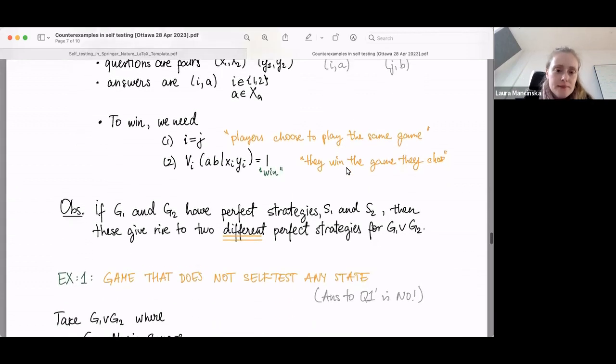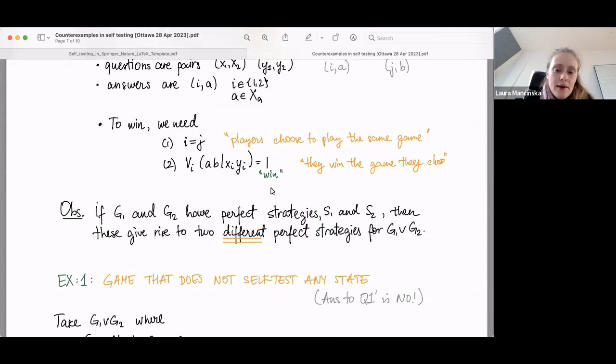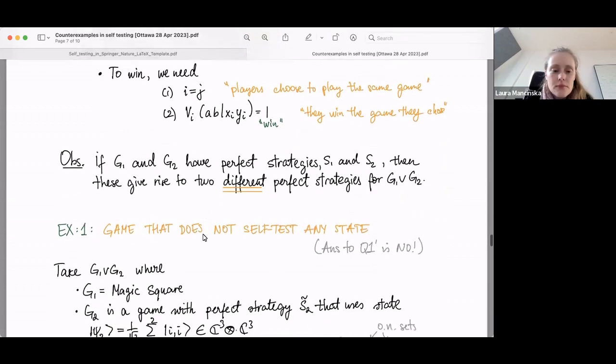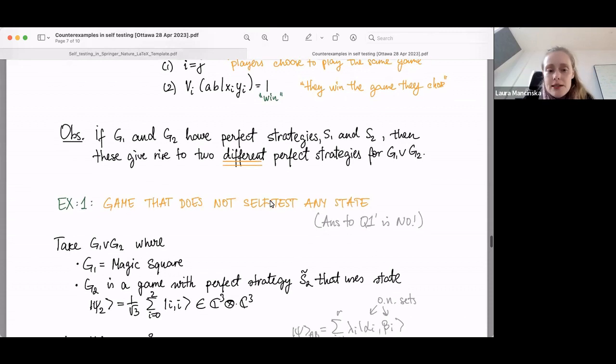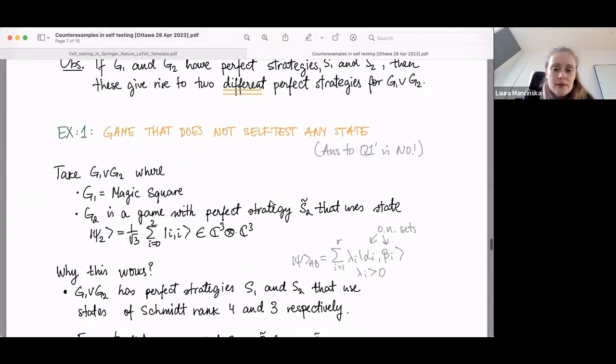All right, so now let me show you how to get an OR game that does not self-test any state. This will show that the answer to this modified question number 1 is negative. So I'm going to take the OR game of two appropriately chosen games, and it's not too important what exactly I'm taking. There's going to be just one property of these games that I'm going to use, and I'll highlight that.